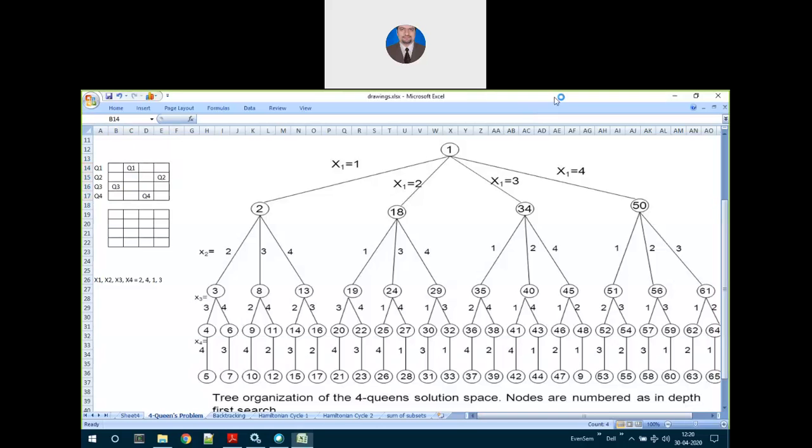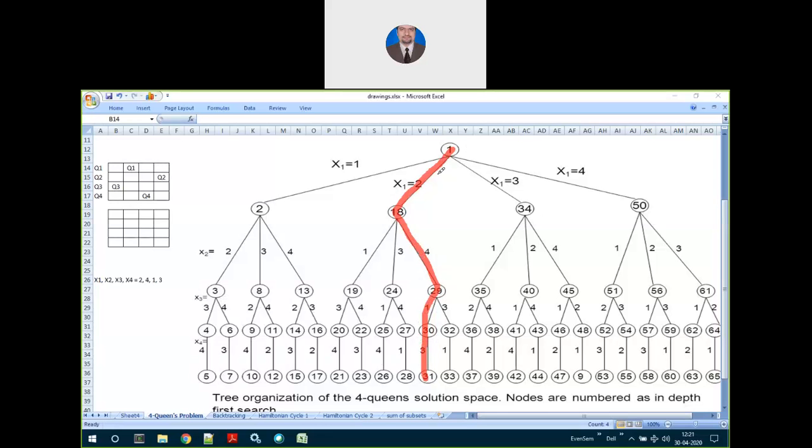So here in the state space tree, the depth first search is what? 1 to 18, 18 to 29, 29 to 30 and 30 to 31. x1 is 2, x2 is 4, x3 is 1 and x4 is 3. So this particular path will give us a solution for the 4 queens problem.